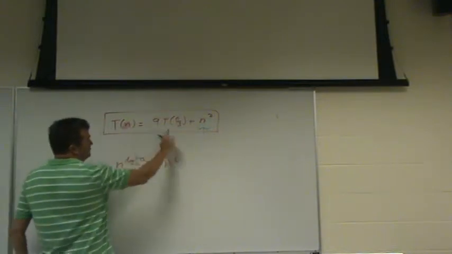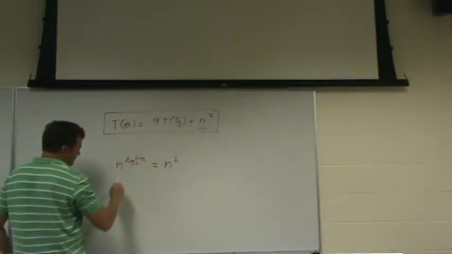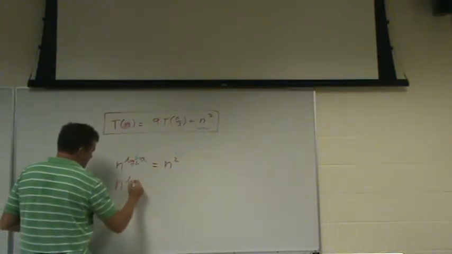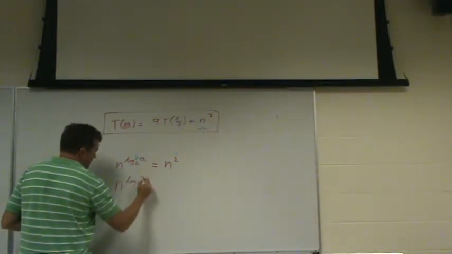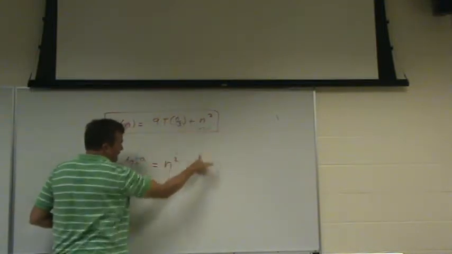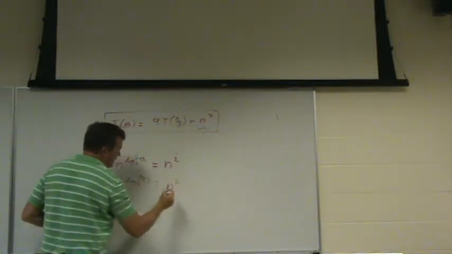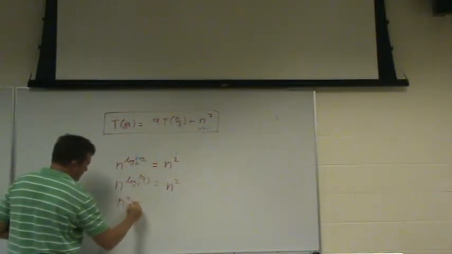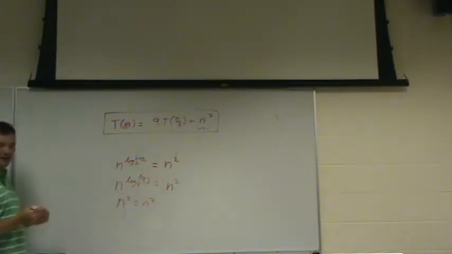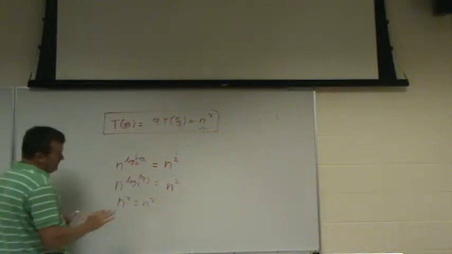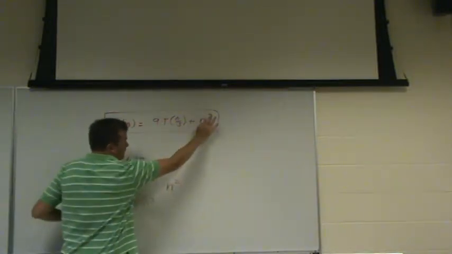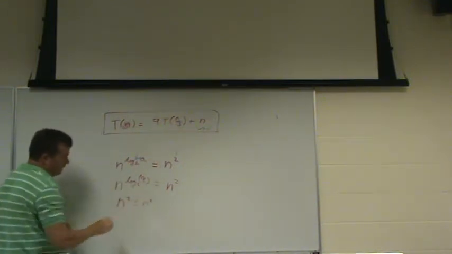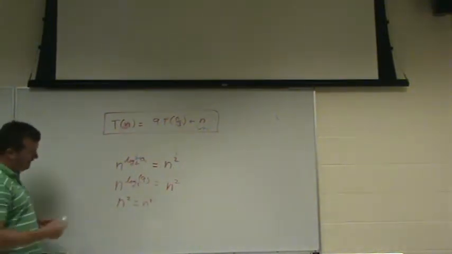So if this was our equation, we would have n to the log base 3 of 9, and compare that to just copying this directly down, n squared, and it turns out they would have matched perfectly. It would be n squared equals n squared. That would be case 2. If what we got out here was a little bit lower, n to the 1, then we would have to add something to it.